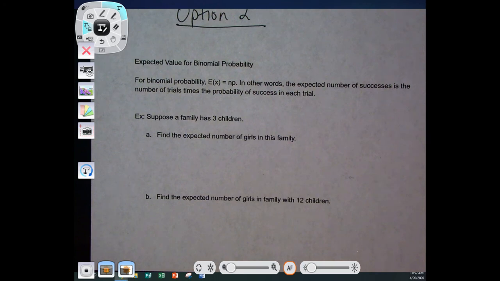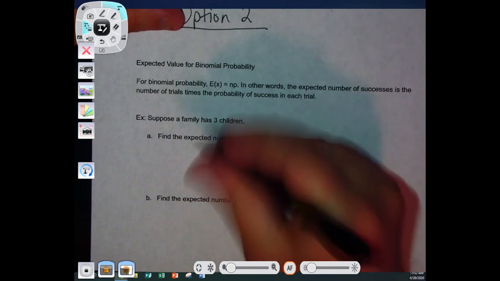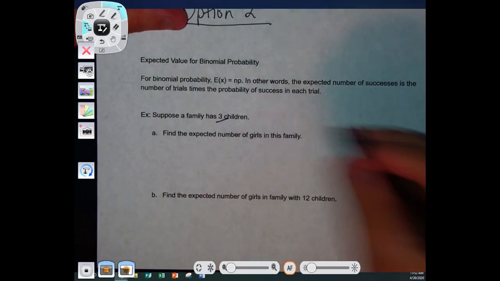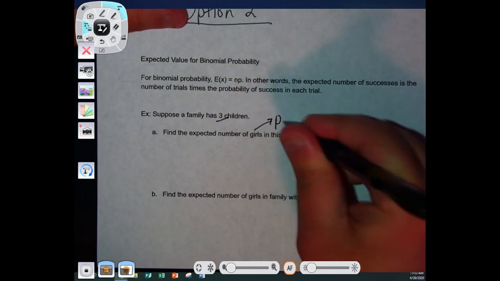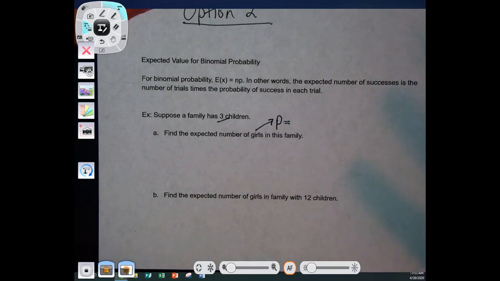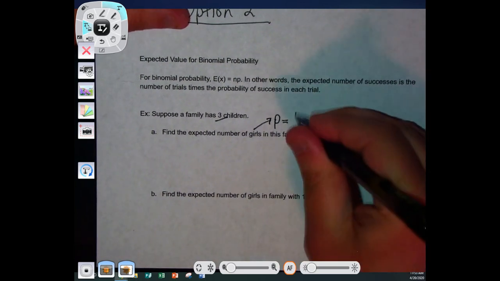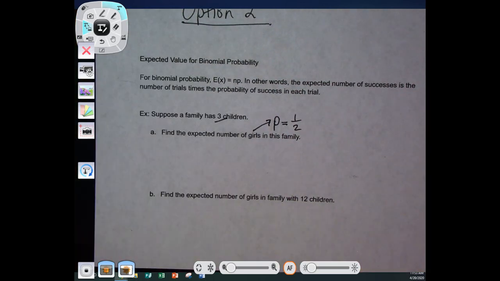So, for example, let's say that a family has 3 children. Find the expected number of girls in this family. Okay. So, if we have 3 children, the probability of a girl being born is 1/2. It's a 50-50 shot. It's either a girl or a boy.